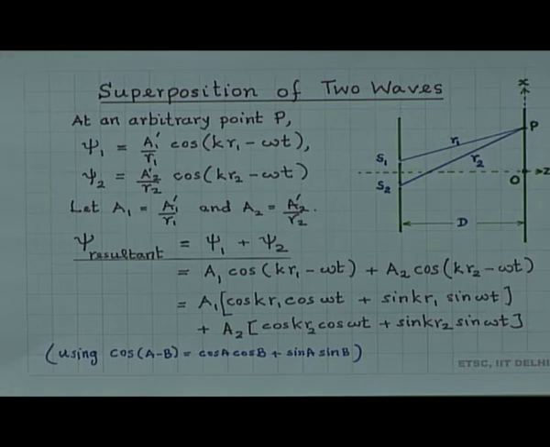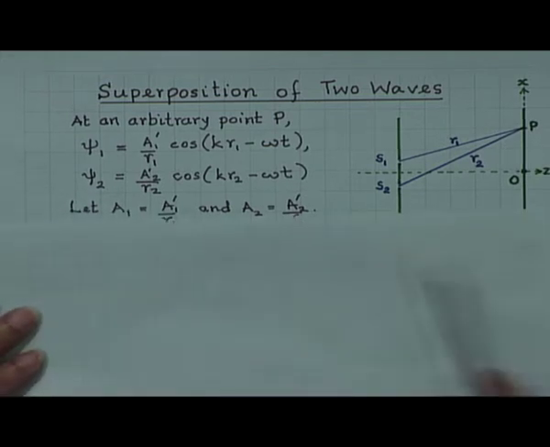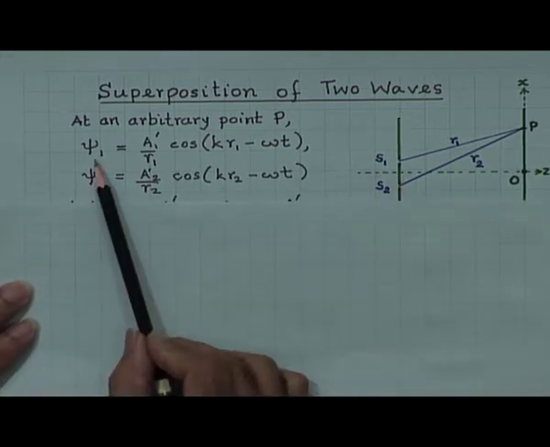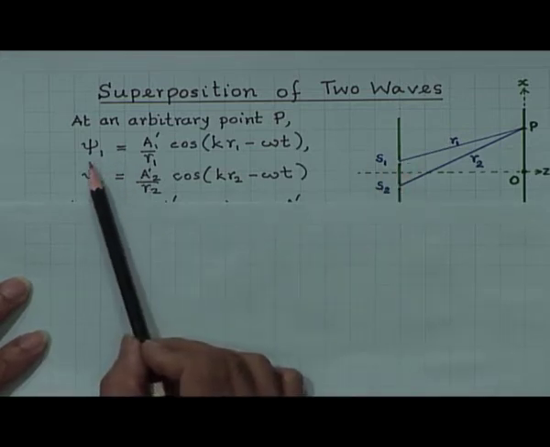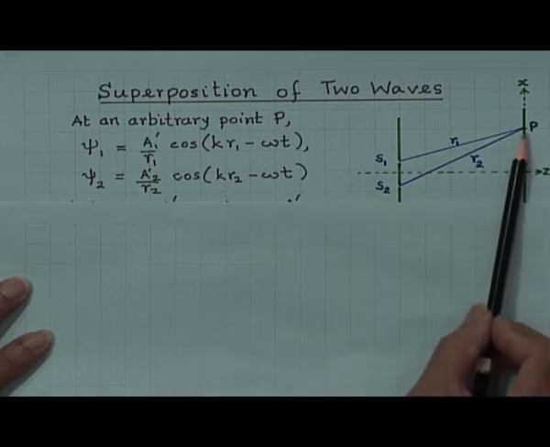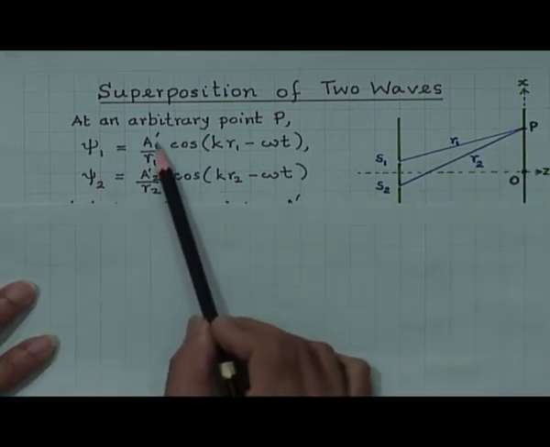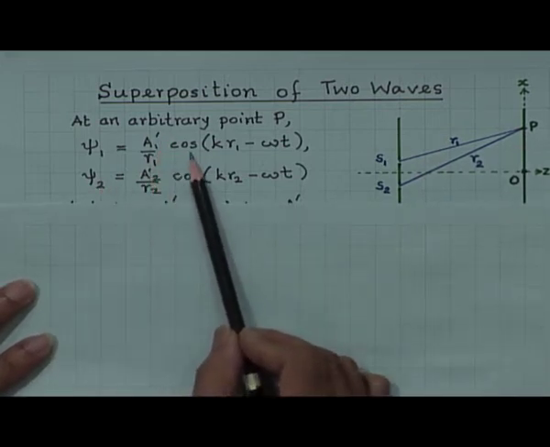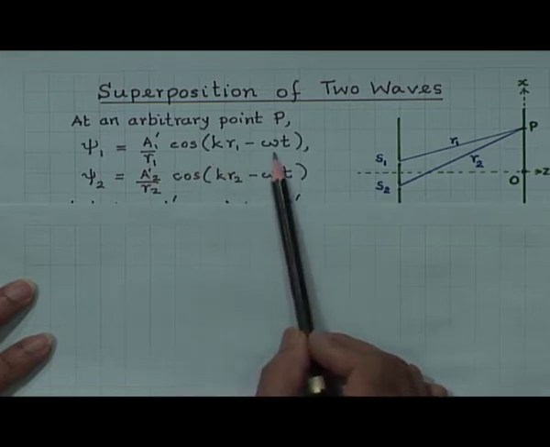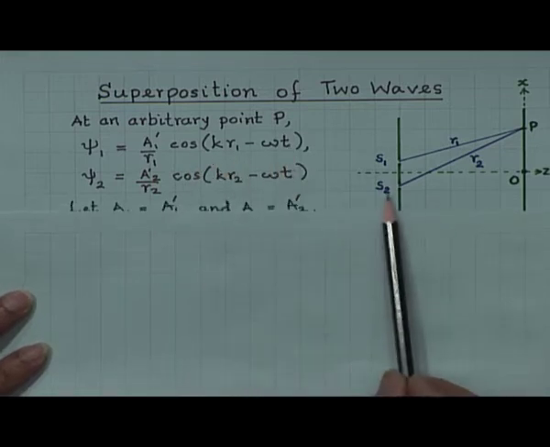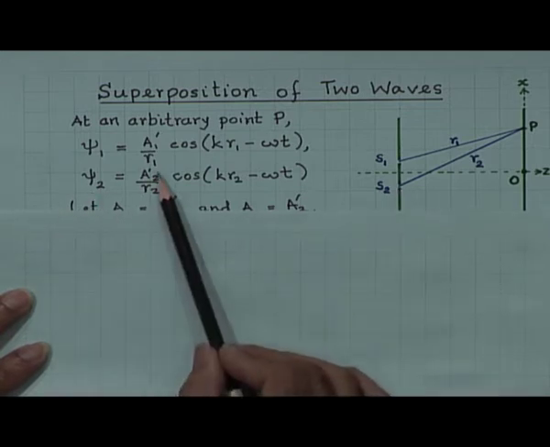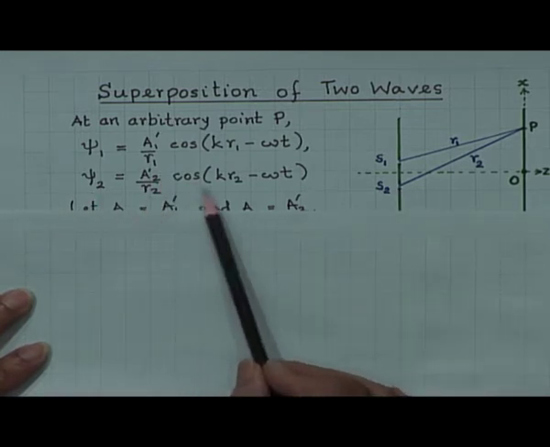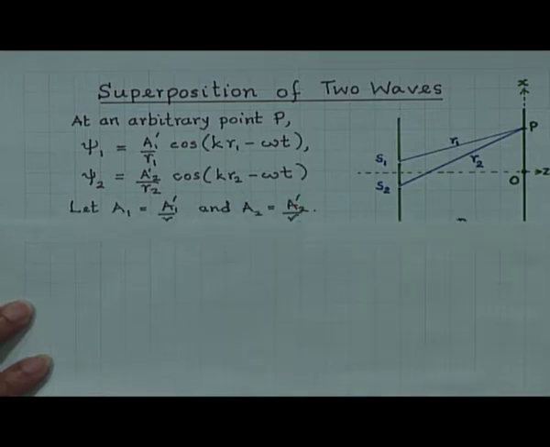The wave due to S1 at the point P can be written as psi 1 equal to A1 dash by R1 cos (k R1 minus omega t), and due to the point source S2, psi 2 is equal to A2 dash by R2 cos (k R2 minus omega t).